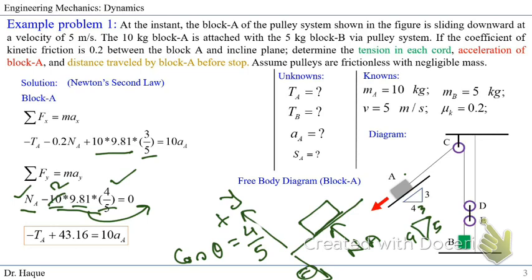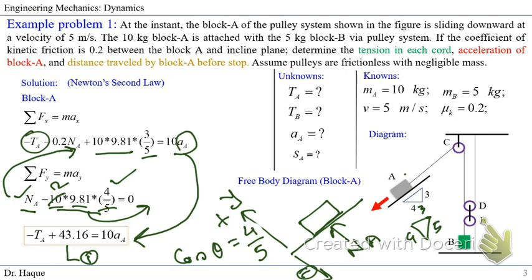If we plug this value of N over here and simplify, you will have only two unknowns, this a and TA. So if you simplify, you will get this equation. We can call this equation 1. We'll hang on to this equation to solve.